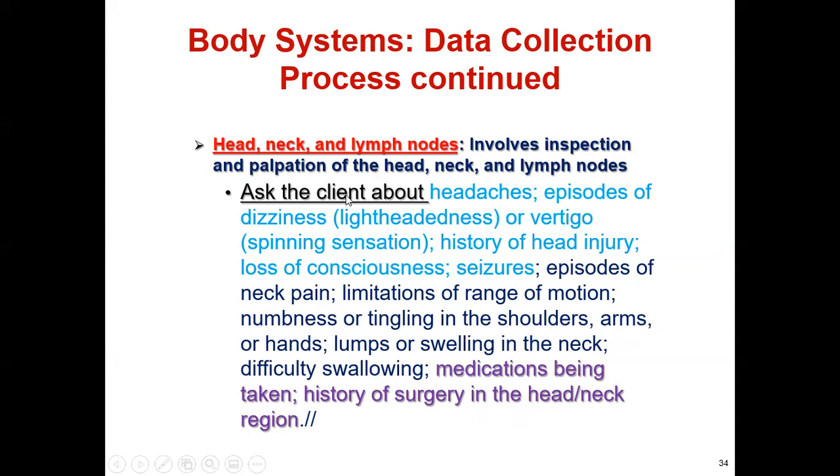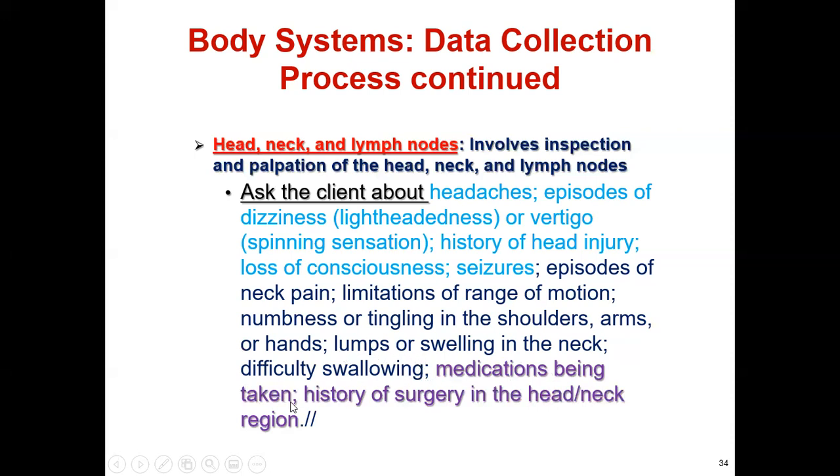So ask some leading questions to the patient to get some clue about the disease, like headache, episode of dizziness, vertigo, history of head injury, loss of consciousness, seizure, episode of neck pain, or limitation of range of motion, numbness, or tingling sensation in the shoulder, arms, hands, lump or swelling in the neck, difficulty swallowing.